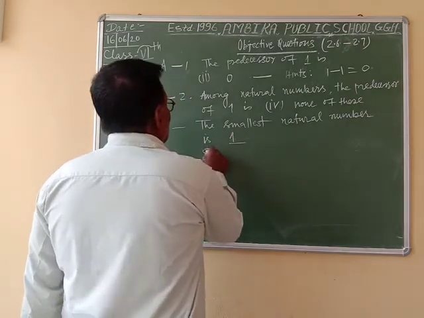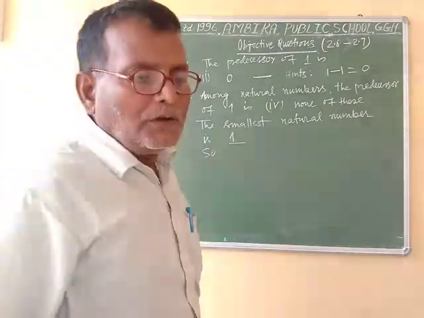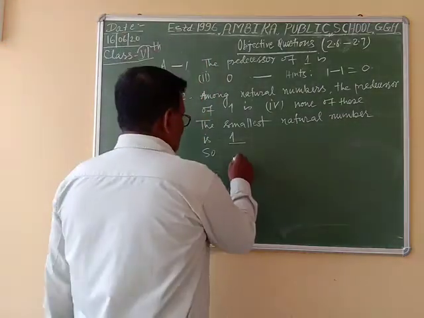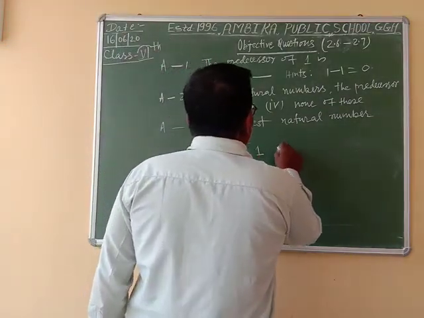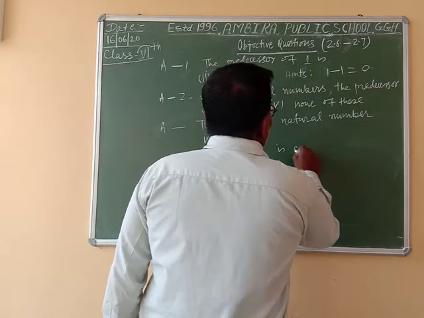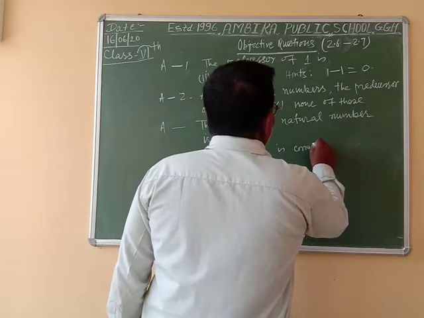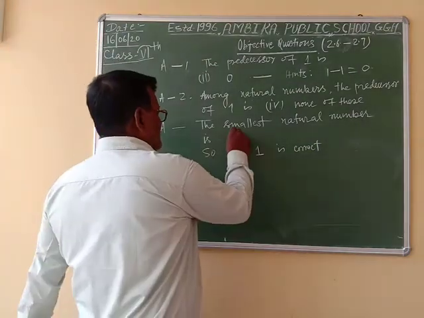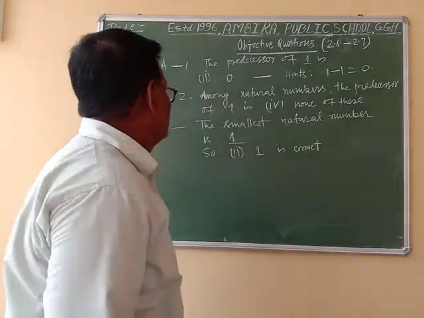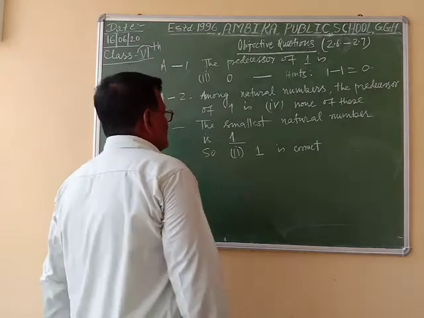So option 2 is correct, because we know that 1 is the smallest natural number.